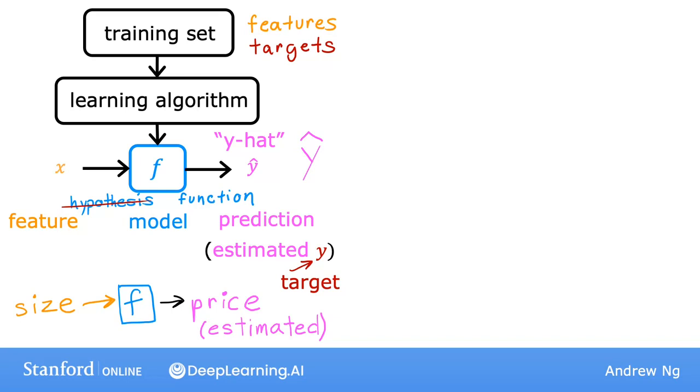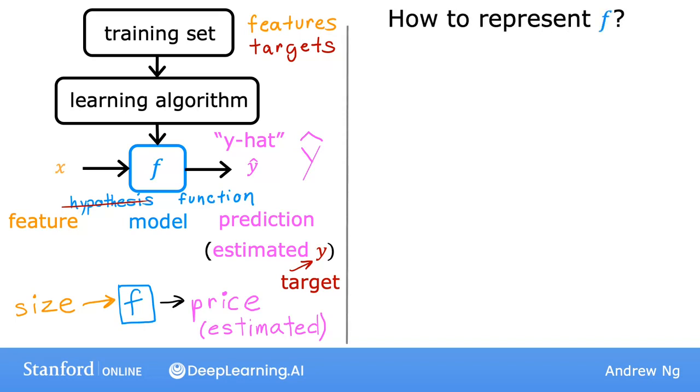Now, when we design a learning algorithm, a key question is, how are we going to represent the function f? Or in other words, what is the math formula we're going to use to compute f? For now, let's stick with f being a straight line. So your function can be written as f_w,b(x) = wx + b.